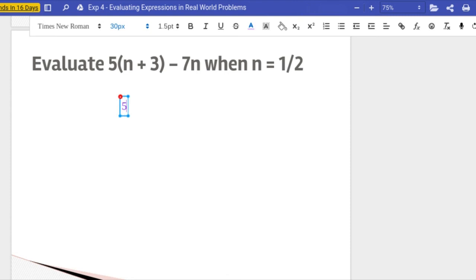So I have 5 times the quantity of 1/2 plus 3 minus 7 times 1/2. All right, so 3 plus 1/2 is 3.5. So now I have 5 times 3.5, which I could change to a decimal, but I'm going to go ahead and leave it as a fraction, minus 7 times 1/2, which is going to be 7 halves.